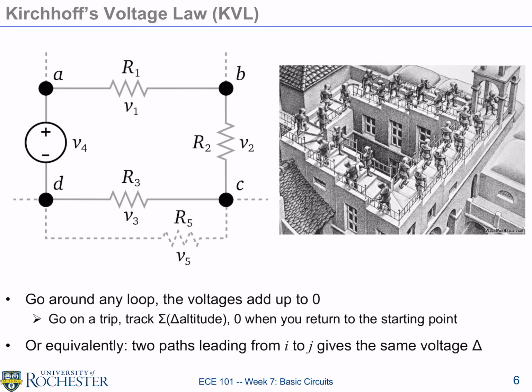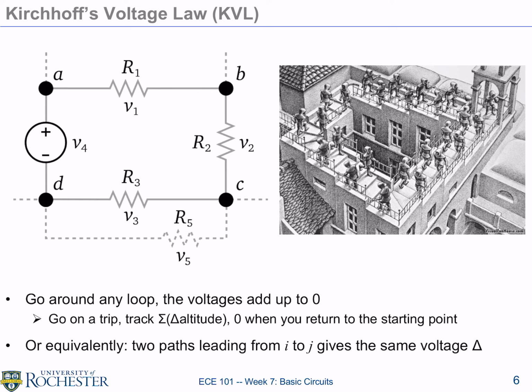You cannot say, I flew from one city to another, yet another one, and when I finally come back to the initial city that I flew from, the cumulative altitude difference that I've seen is anything but 0. It doesn't make sense to be anything else.